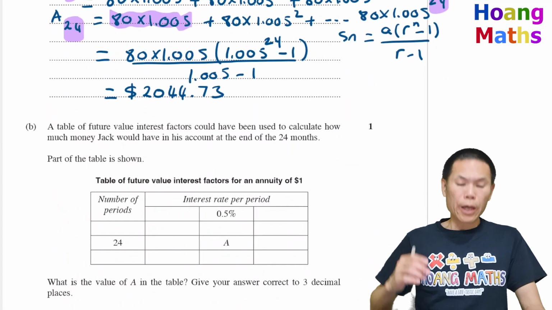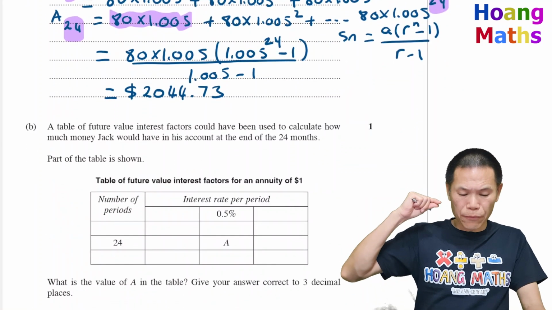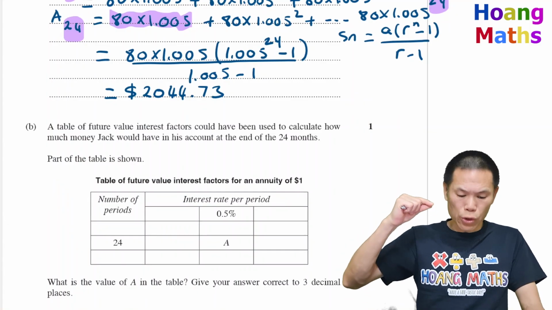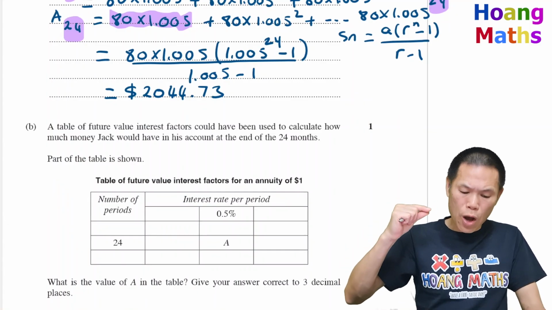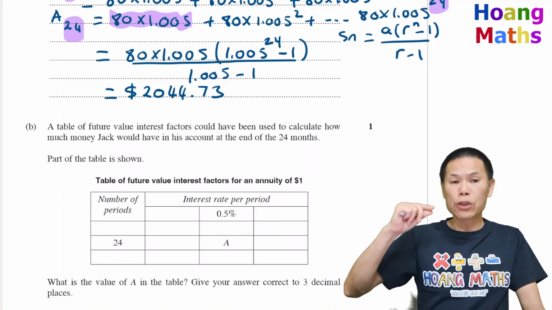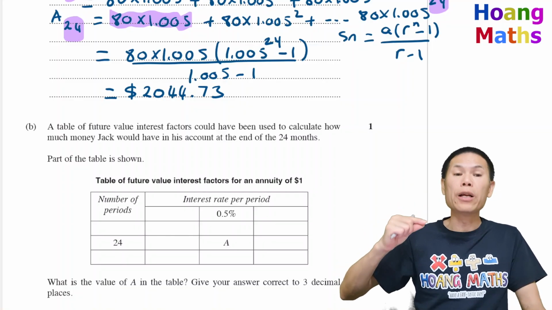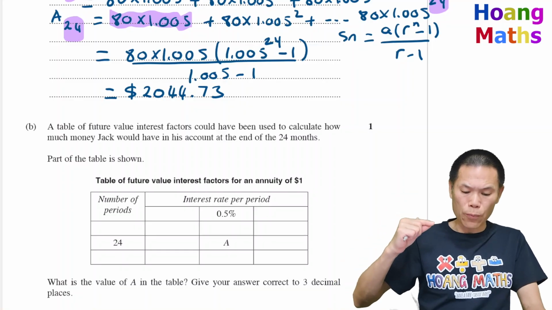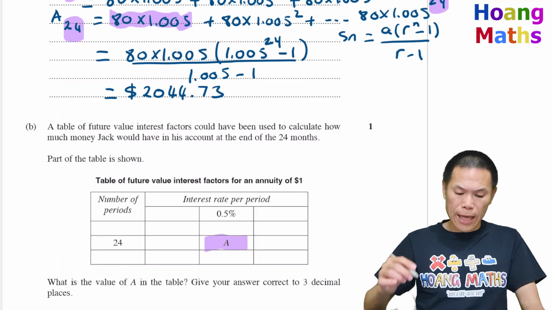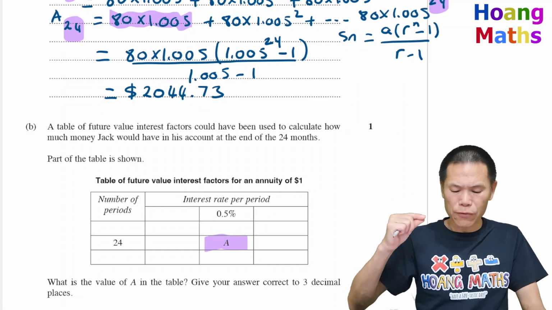Part B. Instead of working out the future value by using a geometric series, we could also use the table of future value interest factor for an annuity of $1, and then we can work out the future value as well. So we need to work out the value of A, that is the future value interest factor.